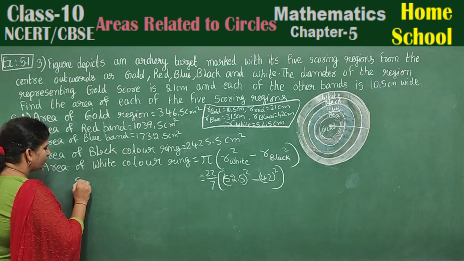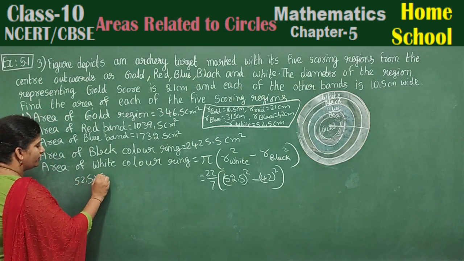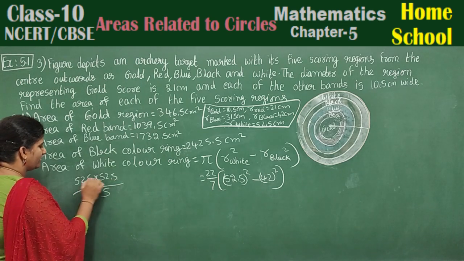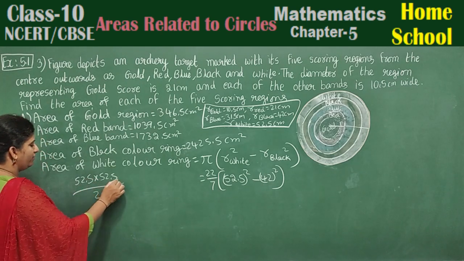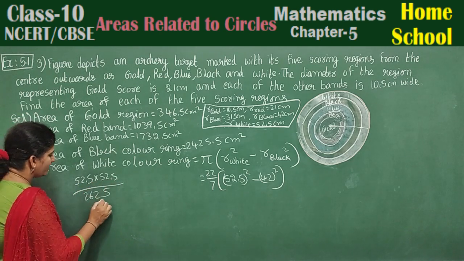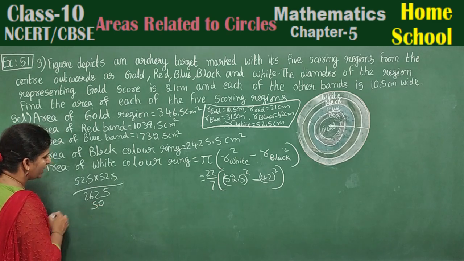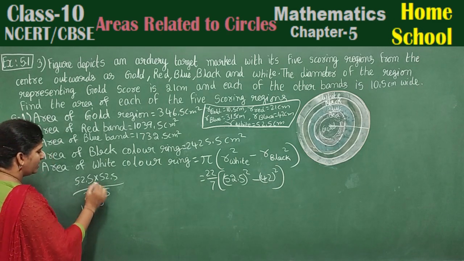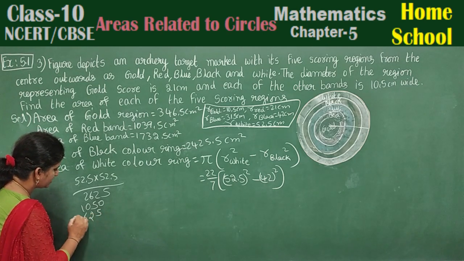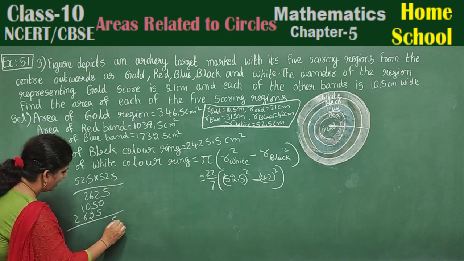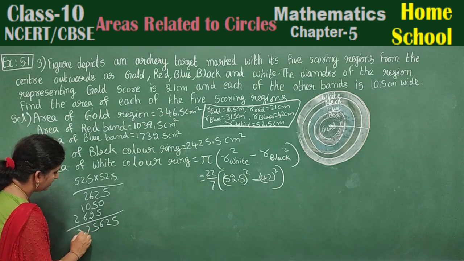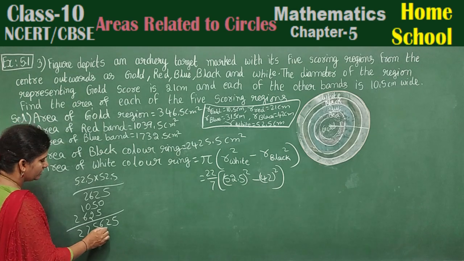Multiply that one. 52.5 into 52.5. That will be 5 5s are 25, 5 2s are 10, 12, 5 5s are 25, 26. 2 5s are 10, 2 2s are 4, 5, 5 2s are 10. And again with 5 if you multiply, 5 2 6 2, 5 2 16, 5 7 2. And decimal point is here.